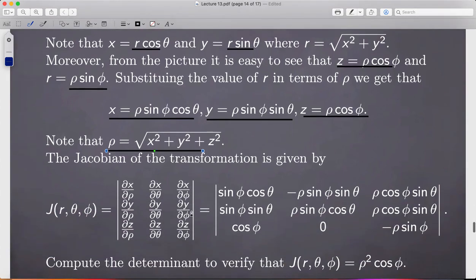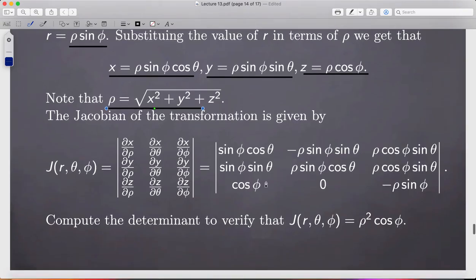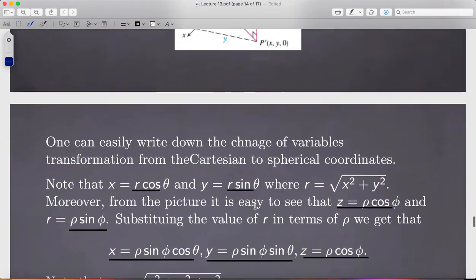Okay, and one can compute the Jacobian here. I have just written the first step over here, and it is going to involve a lot of terms. So you have to find the Jacobian here, and it should come out to be this. Please verify this. So what is the advantage here?